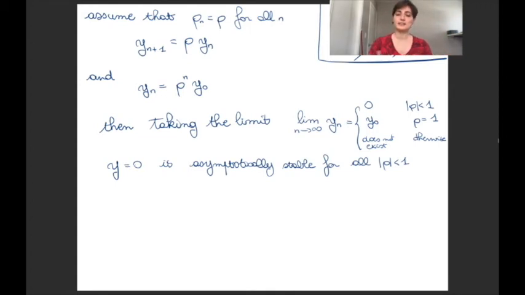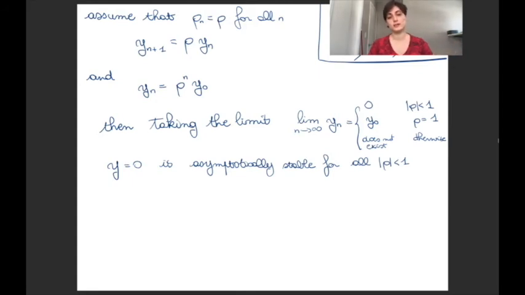So looking at this, we notice that for rho equal to 1, we stay there, but for rho slightly less than 1, all the solutions tend to 0. So y equal to 0 is an equilibrium solution, first of all, and is asymptotically stable for all values of rho smaller than 1. So it doesn't matter anymore where we start.